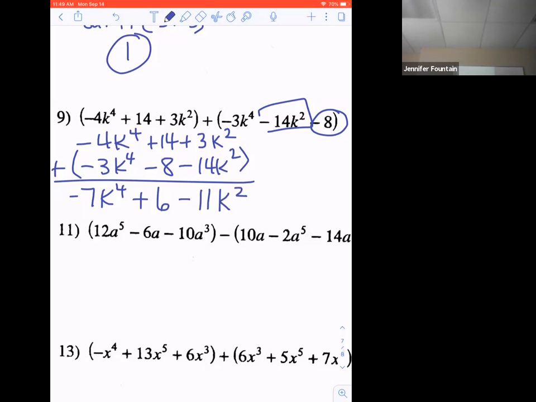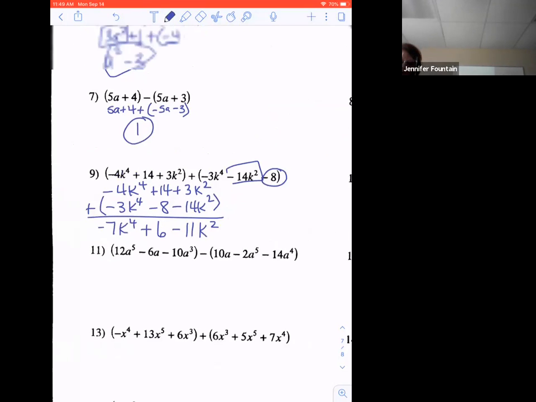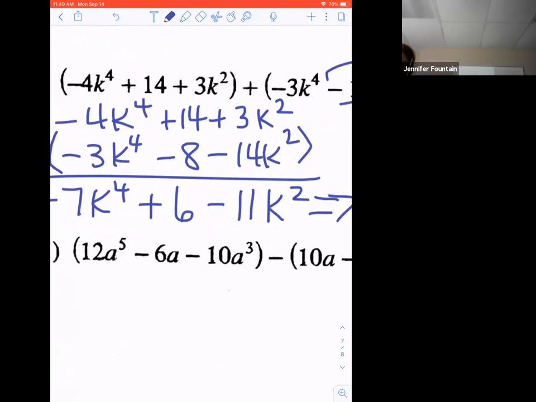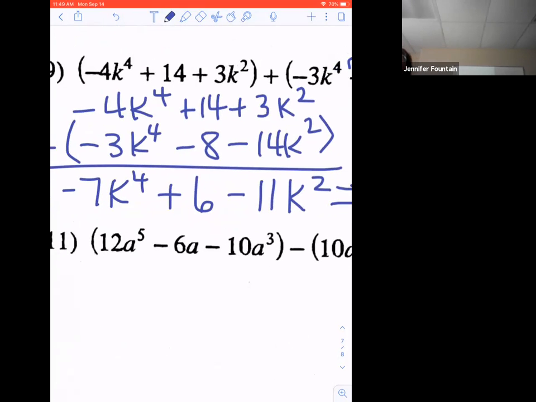Now I want to go ahead and put this in the proper order that it needs to be written in. The way I know the order is remember we talked about alphabetical order. Well, we're only dealing with k's here. But I go in order from highest exponent to lowest, and then I always want my constants to be last.